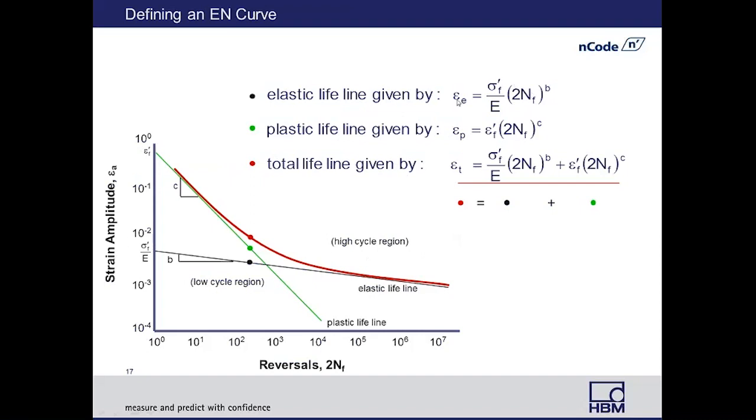We also have a second curve, the green line right here, and that's going to allow us to describe the plastic life. So this is going to be all of the life where we are actually yielding the part. Those two terms are summed together to give us total strain life, and we can see that equation right here. The sum is going to be the red curve plotted on this plot here.